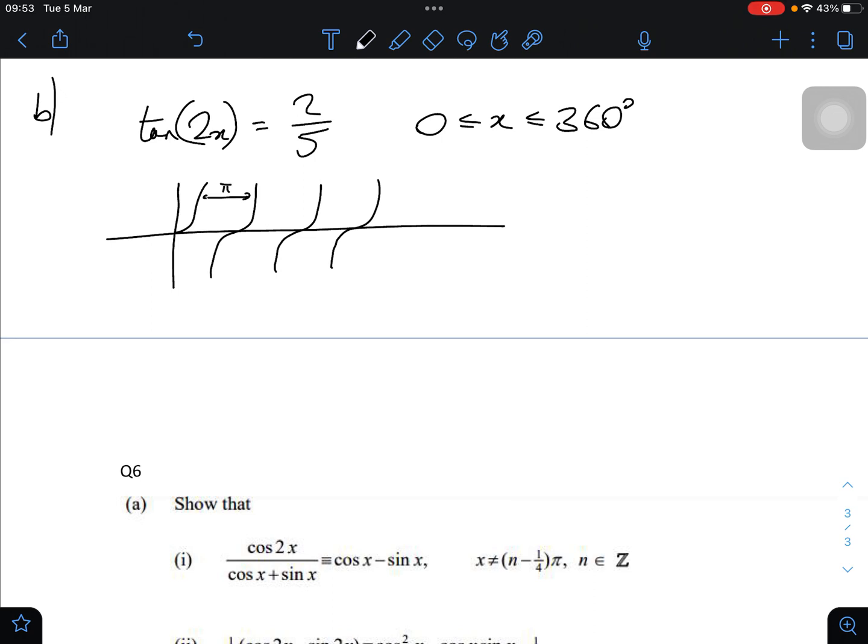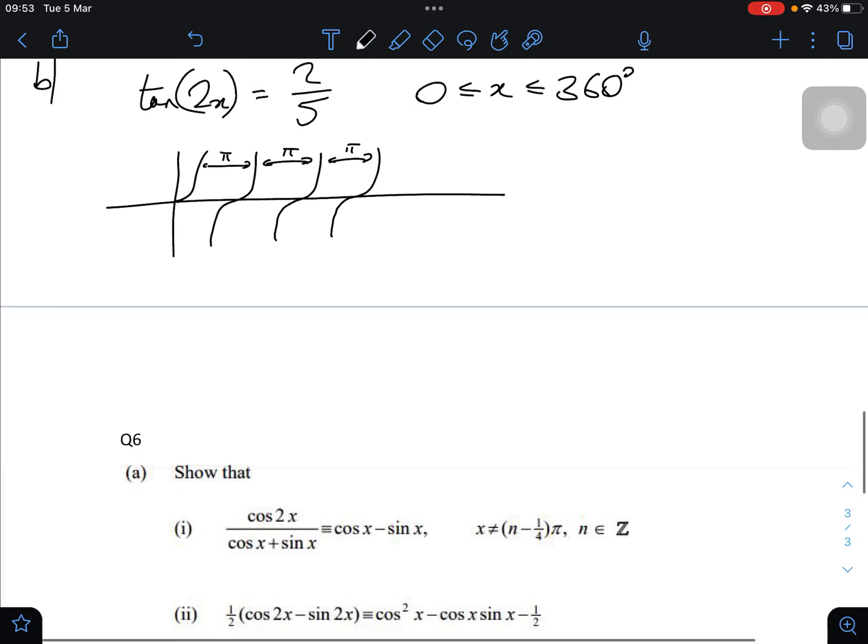That's always pi. So it's just adding or subtracting pi. And so really we got 0 here, then there's pi, because it's whatever 0 is plus pi, 2 pi, 3 pi. Or, because our question is in degrees, we can do that all with degrees.